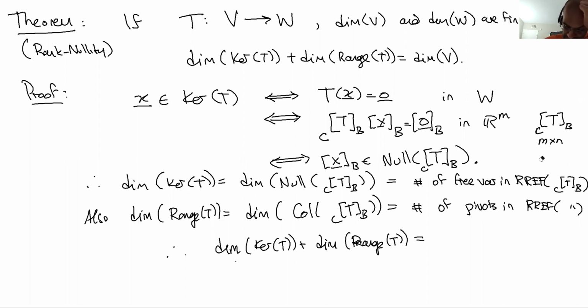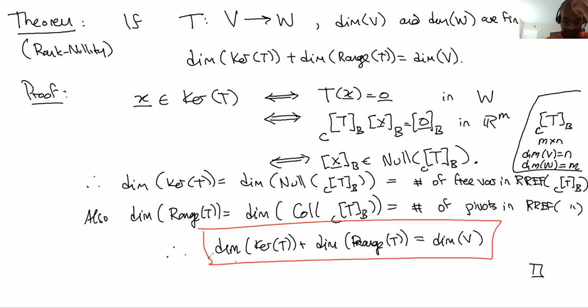So let's write that out carefully. And so this sum is equal to the dimension of V. That's it. So it's not hard. You just have to follow these isomorphisms. Okay, so any questions about that?